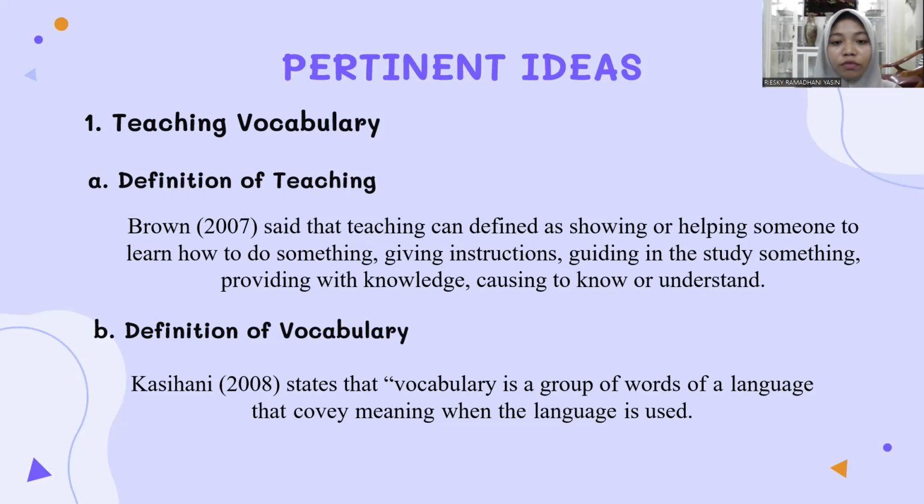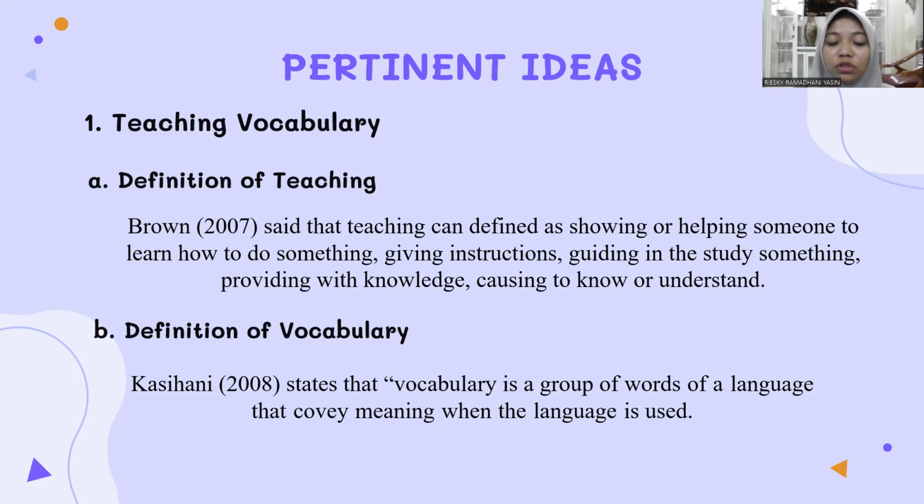B. Definition of vocabulary. Kasihani 2008 states that vocabulary is a group of words of a language that convey meaning. When the language is used based on the statements, it can be stated that vocabulary is a list of words that is used by, understood by, or at the command of a particular person or group.